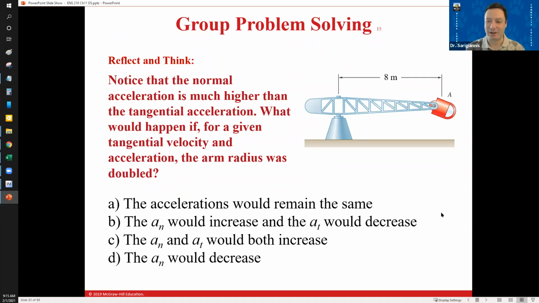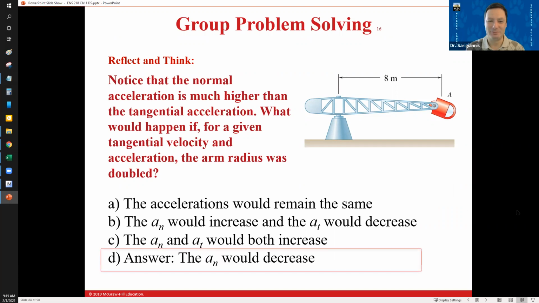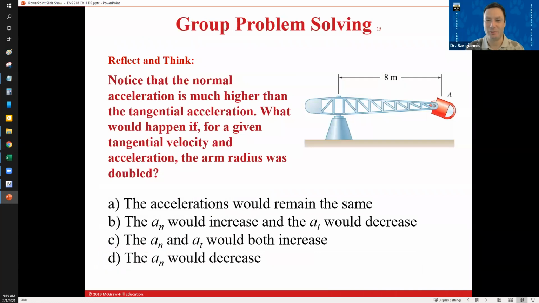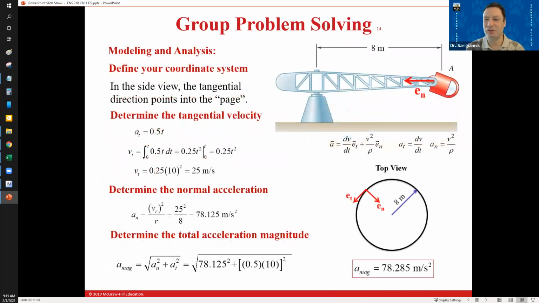All right, let's think about this in the context of, oh, I don't have the equations. Oh, well, let me go back. So here are the components, right? If we increased the radius to 16, the normal component is going to decrease, right?